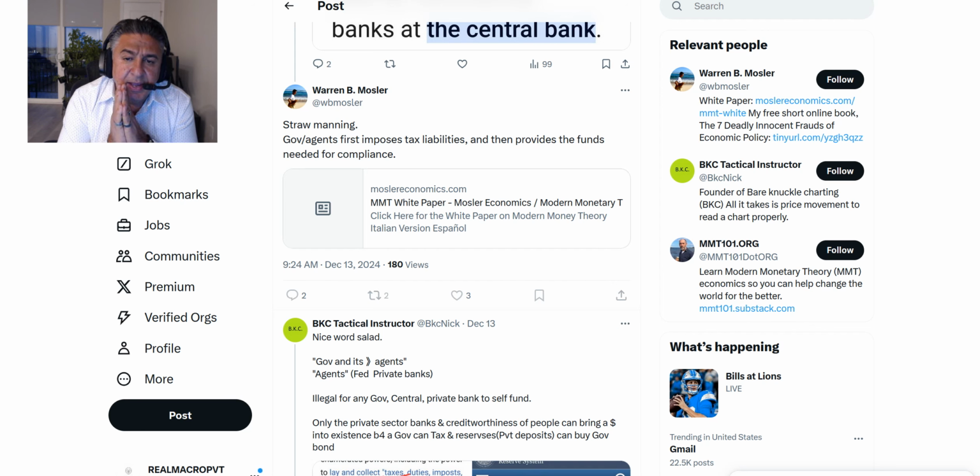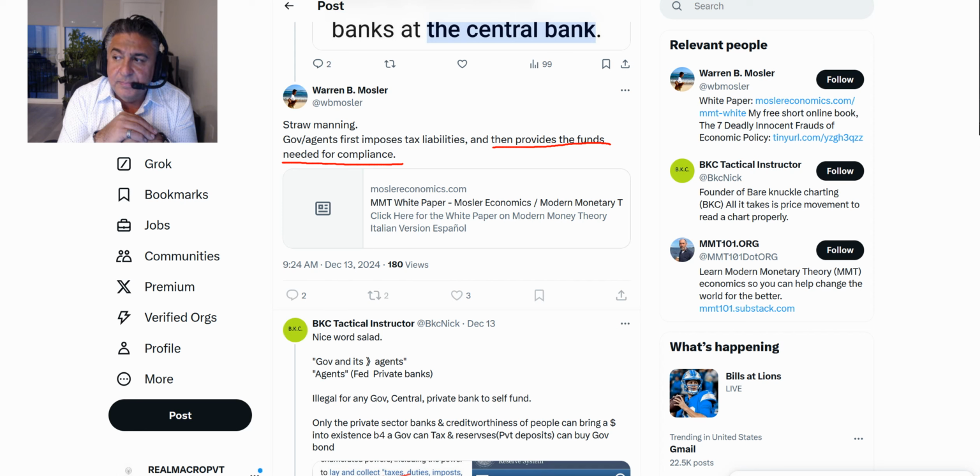All right. Okay. So let's go back to this again. We're going to talk more about it, but so the government and its agents first impose a liability and then provide the funds needed for compliance. The entire financial system first imposes tax liabilities.